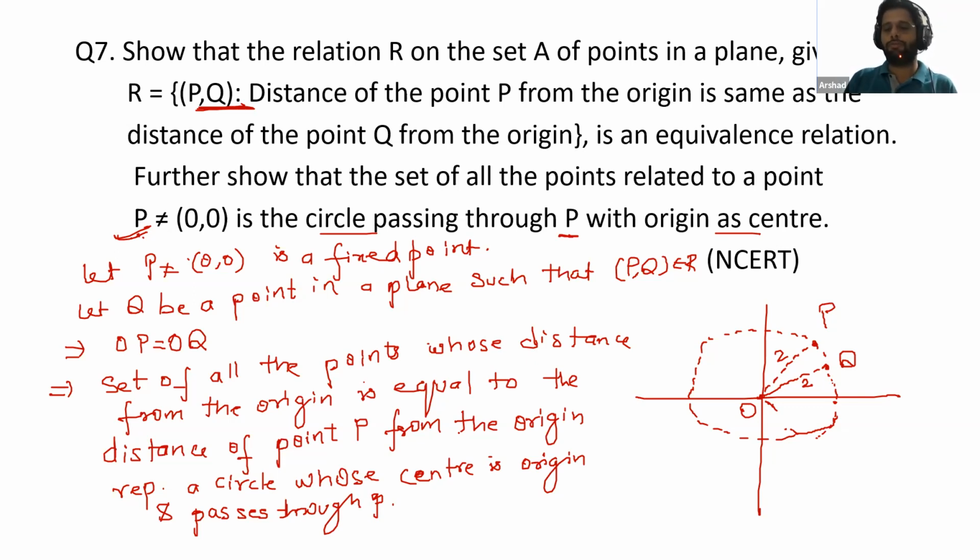If these points have a distance from the origin equal to OP, then this will definitely represent a circle. Okay, so please note this down.